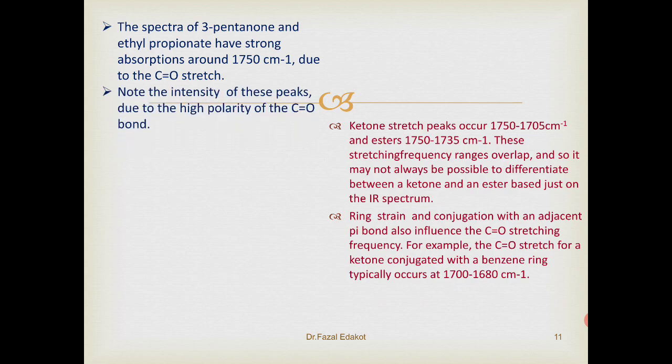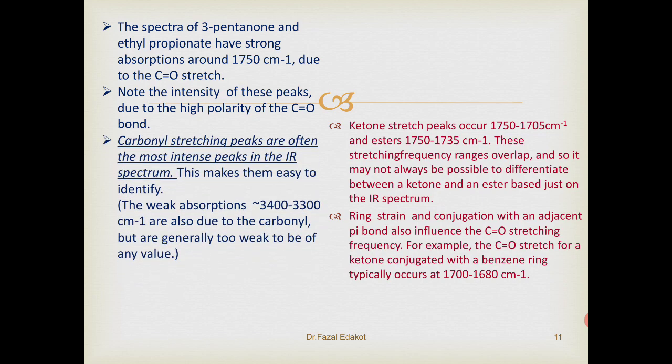Not the intensity of the peaks, due to the high polarity of the CO stretching bond. We have already discussed that the carbonyl stretching frequencies are often the most intense peak in the IR spectrum. This makes them easy to identify. The weak absorption at 3400 to 3300 per centimeter is also due to carbonyl, but is generally too weak to be of any value.